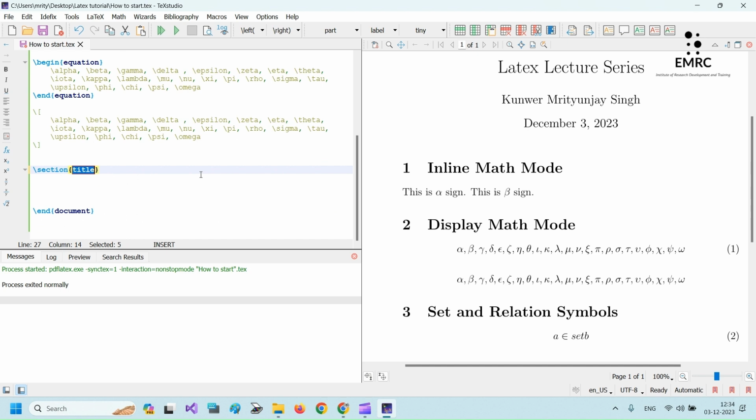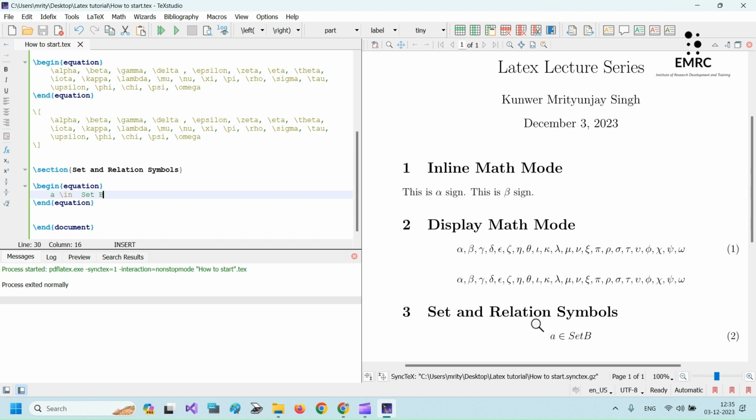What are the set and relation symbols? Again, you can write, suppose I write begin equation and I write a in set b.